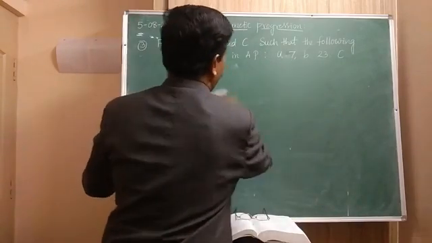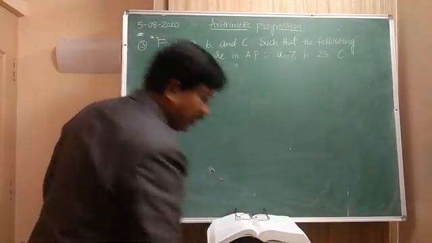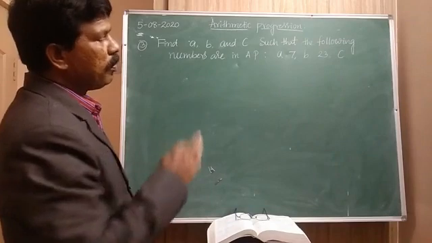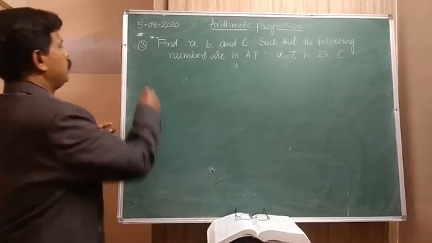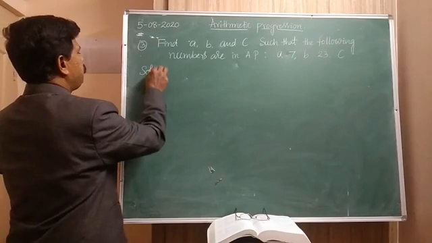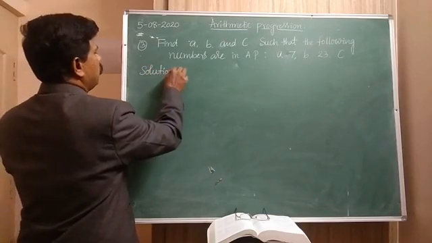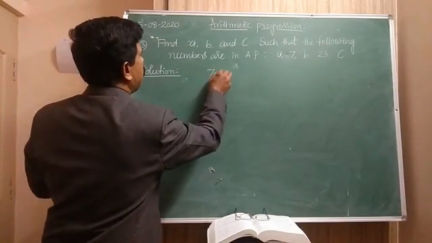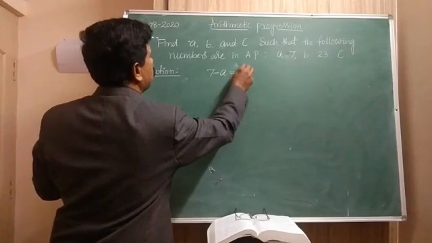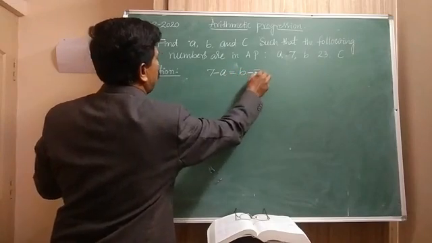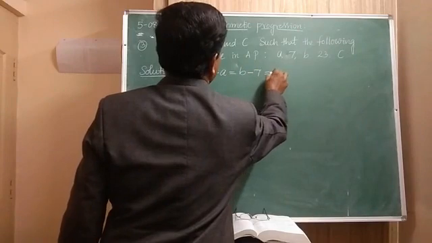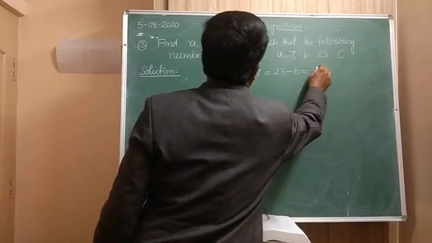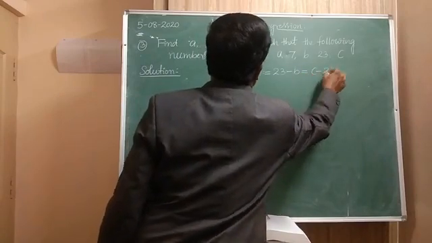For this we should go by the common difference. Because they are in AP, therefore their common differences are the same. Now solution. What is given? 7 minus A is equal to B minus 7, that is equal to 23 minus B, that is equal to C minus 23.